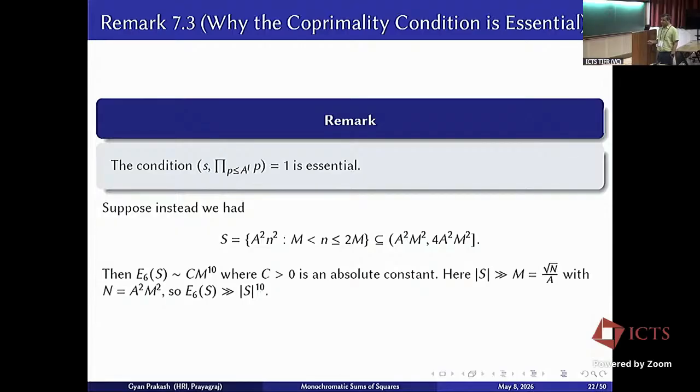That essentially follows from what Professor Desue was doing, because here you are taking essentially all the squares between M and 2M. And so the additive energy will be, you can remove this A square, and the additive energy will be the additive energy for the set of squares lying in this interval.